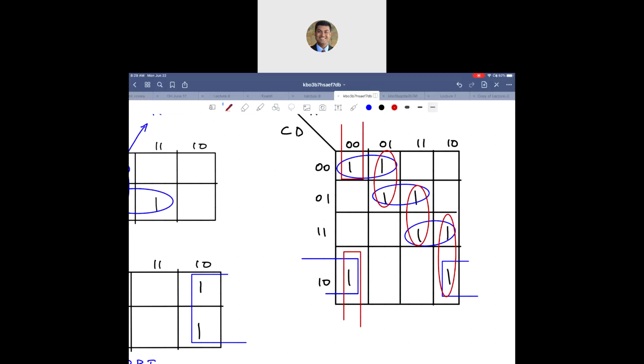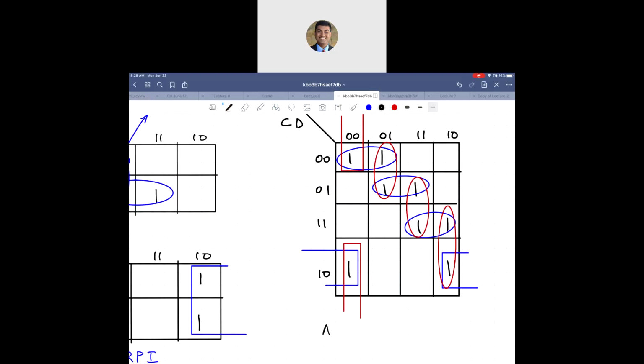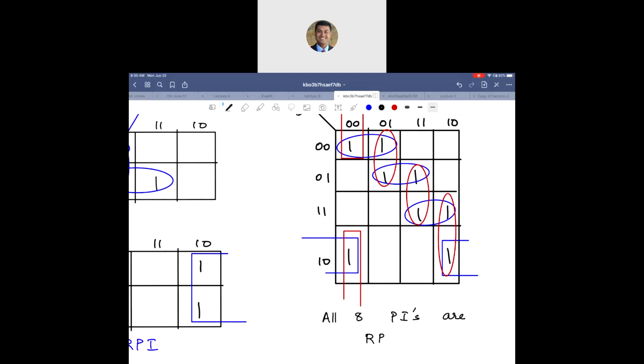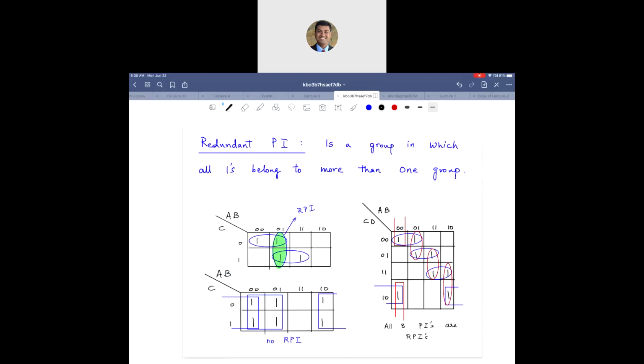In this case, you can say all 8 prime implicants are redundant prime implicants, because all the ones are belonging to more than one group. All right.